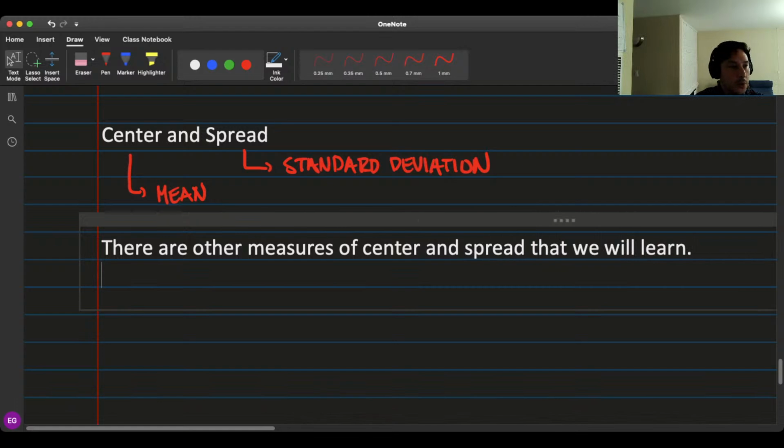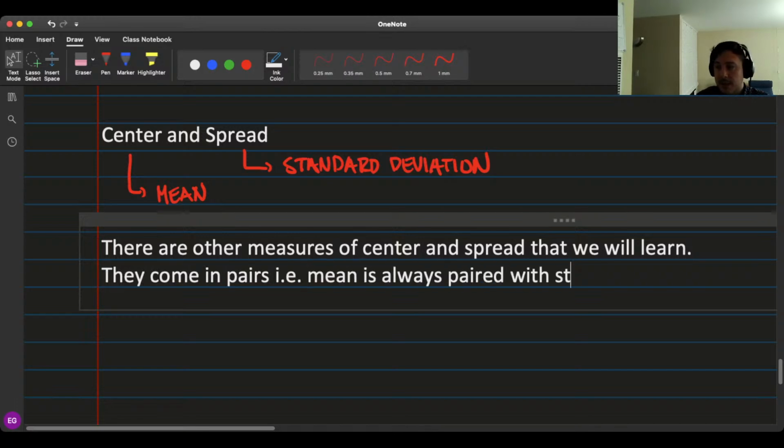It's not like there's only mean and standard deviation, but they come together in pairs. So does it make sense if you talk about the mean as the center, then the spread has to be the standard deviation? So they come in pairs, i.e. mean is always paired with standard deviation as the spread. And there will be other pairs that we learn about.